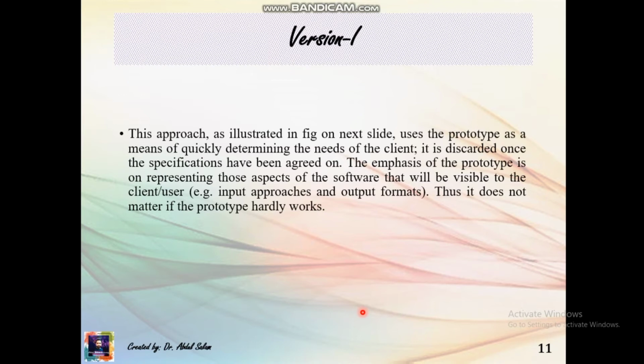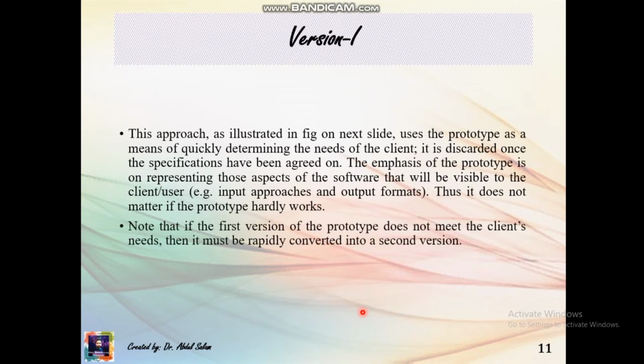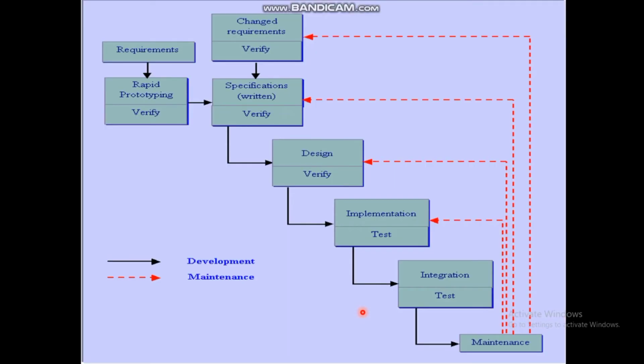The emphasis of the prototype is on representing those aspects of the software that will be visible to the client or user, for example, input approaches and output formats. Thus, it does not matter if the prototype hardly works. Note that if the first version of the prototype does not meet the client's needs, then it must be rapidly converted into a second version.